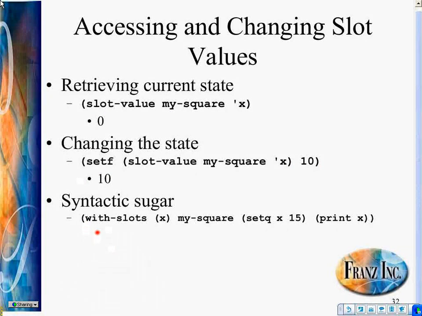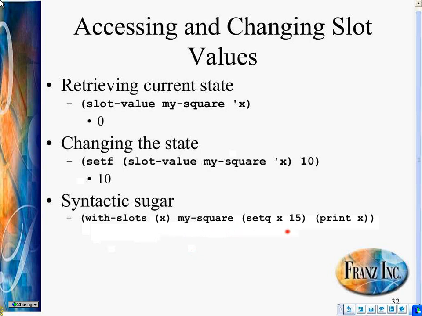And there is a macro defined called with slots, and it takes as its argument list, the first argument is a list of slot names, in this case X, and then the object, my square, an instance of the class square, and then a body.